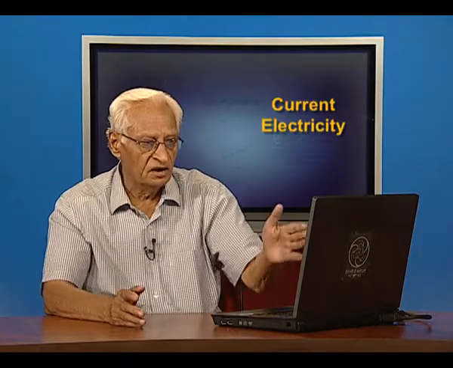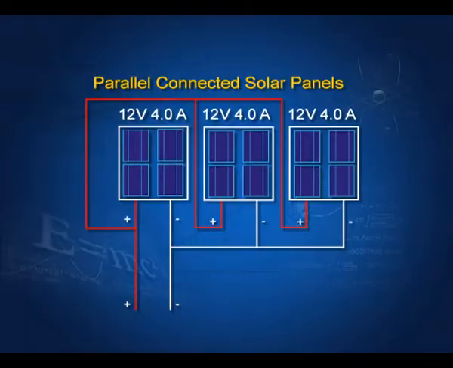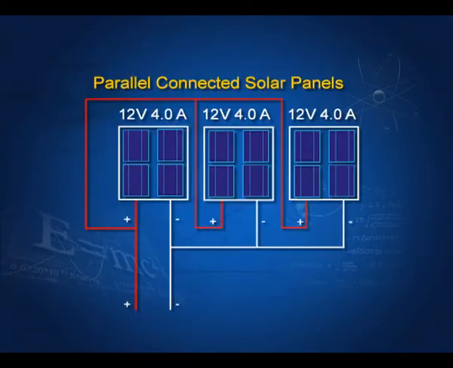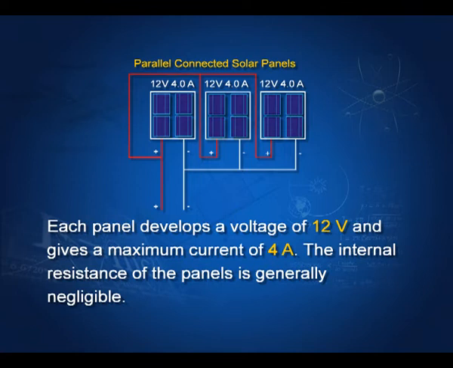Why are they in parallel? To just boost the capacity. Notice that all positive terminals are connected at one point and all negative terminals are connected at one point. Each panel develops a voltage of 12 volts and gives a current of 4 amperes. The internal resistance of the panels is generally negligible, it is very small.